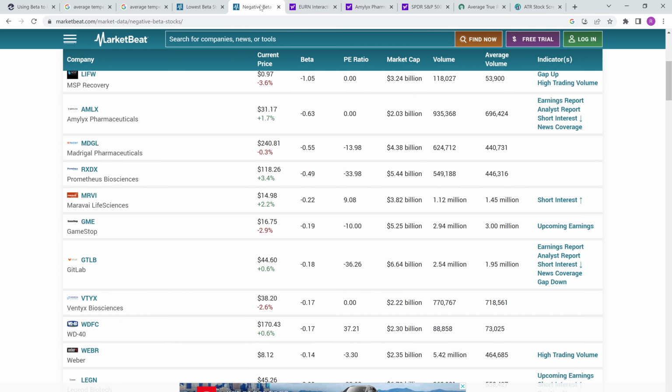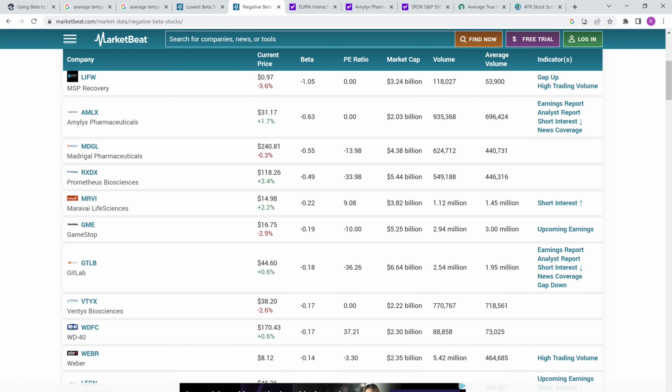I was thinking, so I went from low beta to negative beta. The classic thing is gold going in the inverse direction of the stock and that type of stuff. So if low is good, negative must be better. So I went through decent current price, decent market cap, a little bit low on volume.